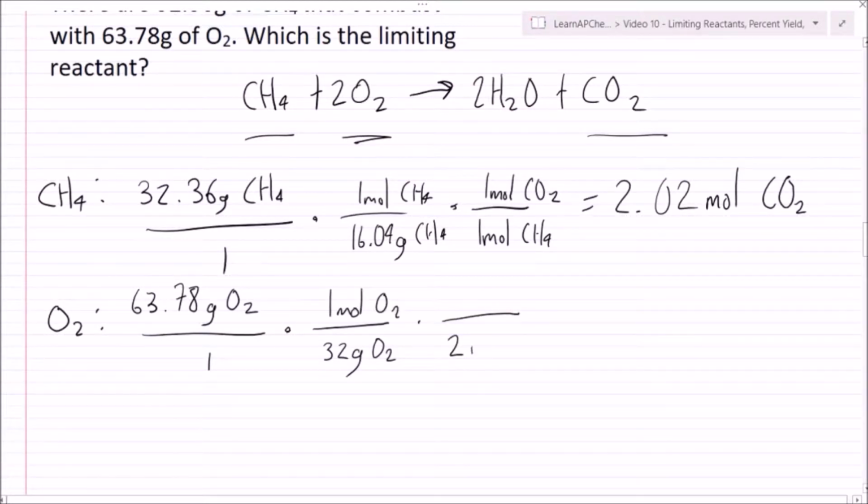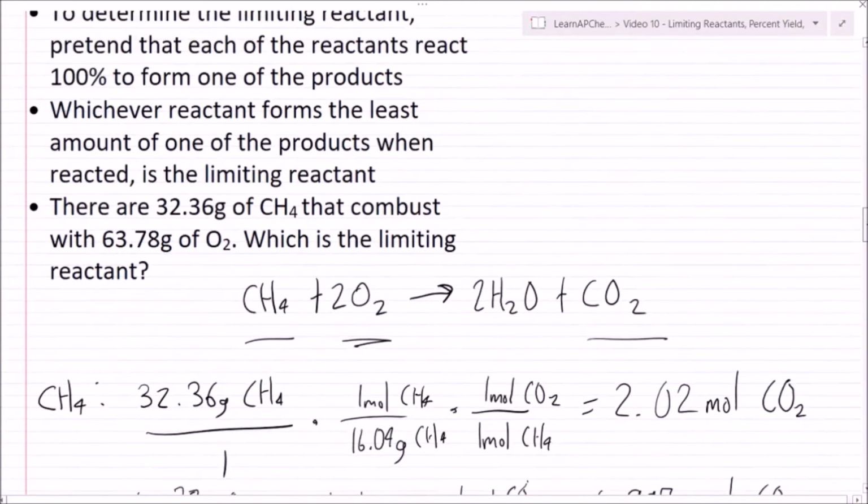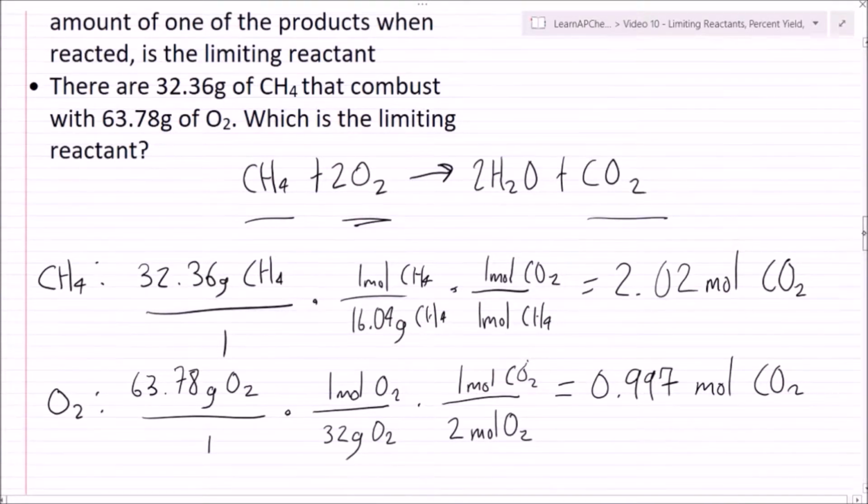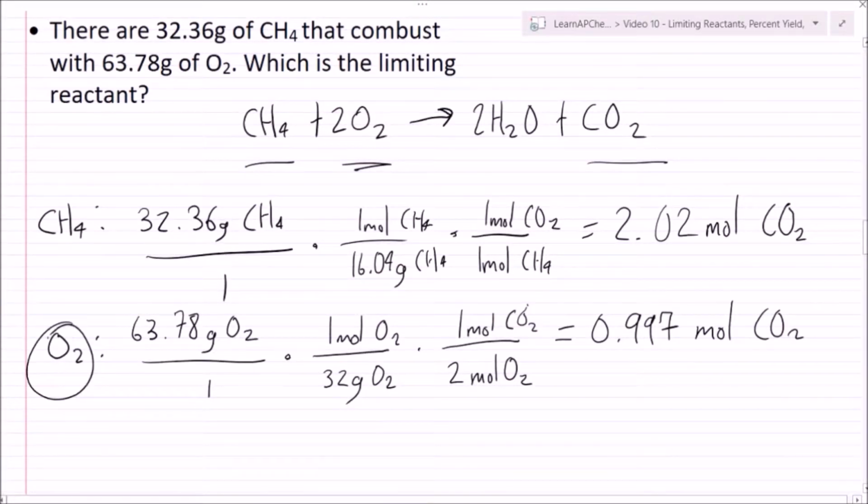And I have 2 moles of oxygen for every 1 mole of CO2. And this would react to give me 0.997 moles of CO2. And so now I'm going to look at which reactant forms the least amount of products, which in this case is oxygen. So here oxygen is our limiting reactant.